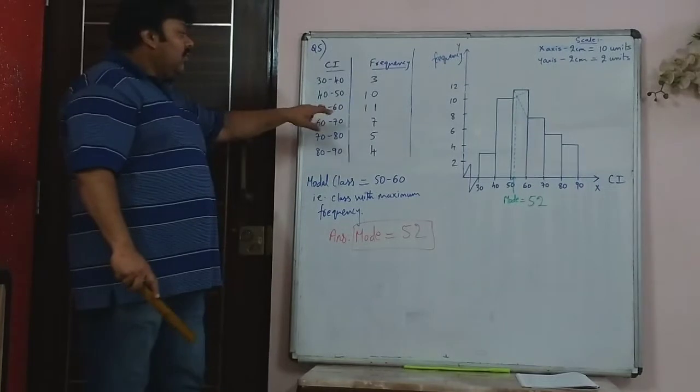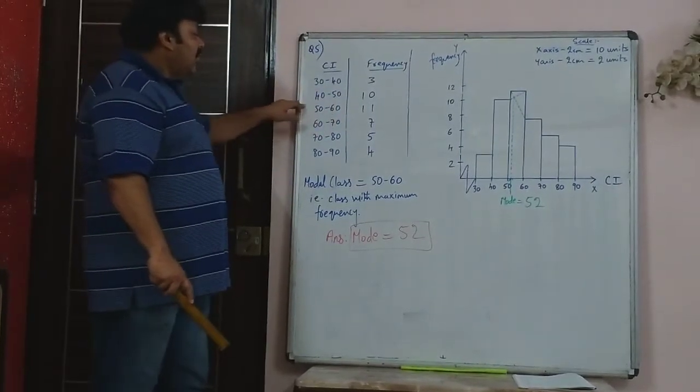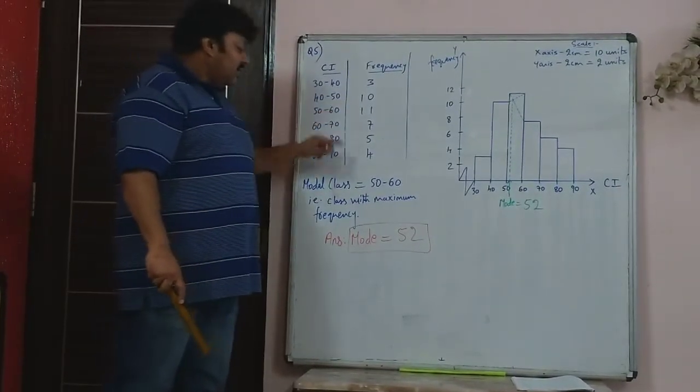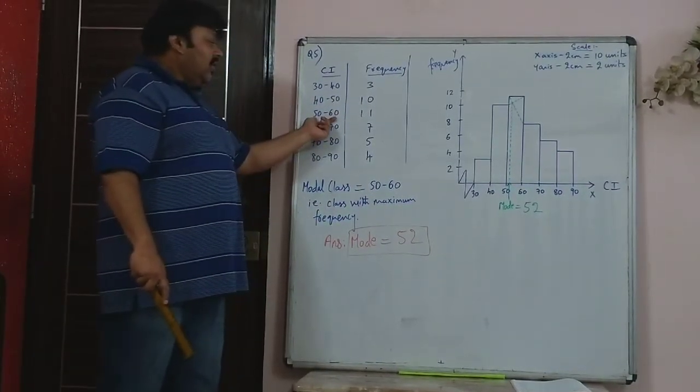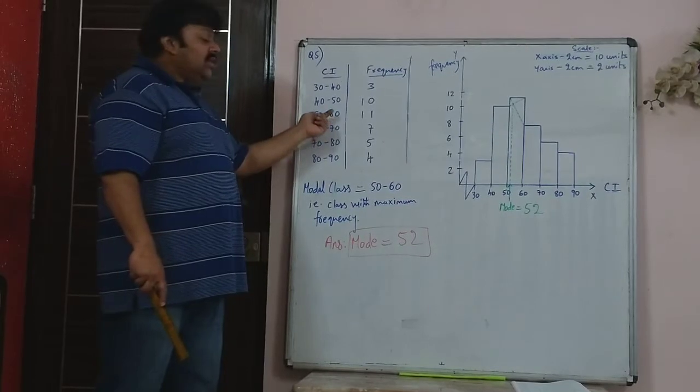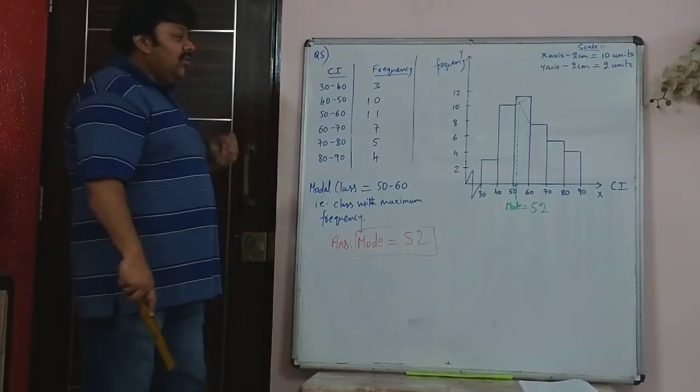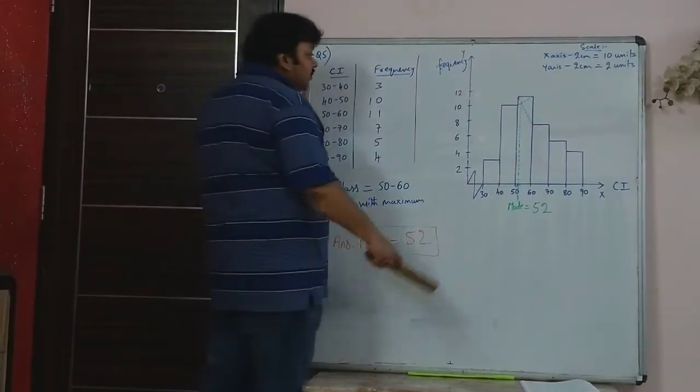So one thing you know is that this is your modal class. This is the class with the maximum frequency. So your final answer of mode will be between 50 and 60.